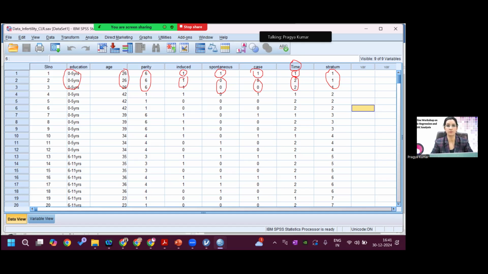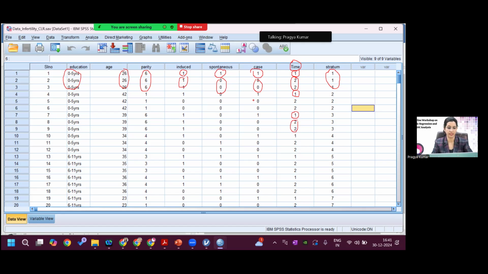Censoring is where the outcome doesn't happen. So these two controls we call censored, and this one is a case. That's why time we have entered as 1 for all cases. The outcome has happened at one particular time point, which we give as 1, and all controls as 2, which are the censored cases. And this we will enter as the time in case of survival.